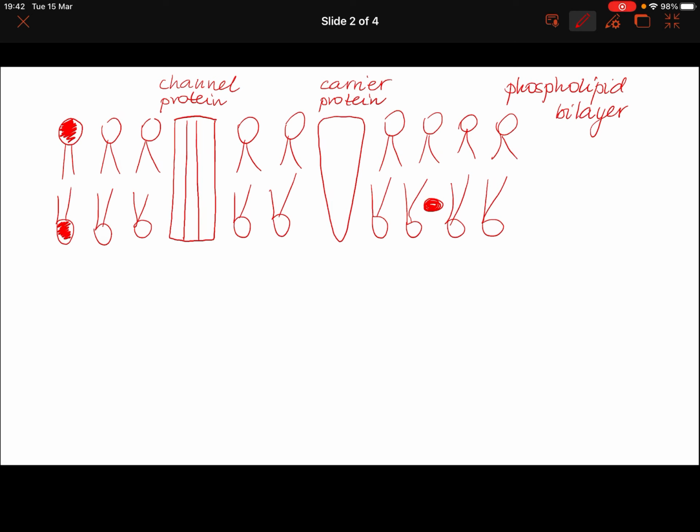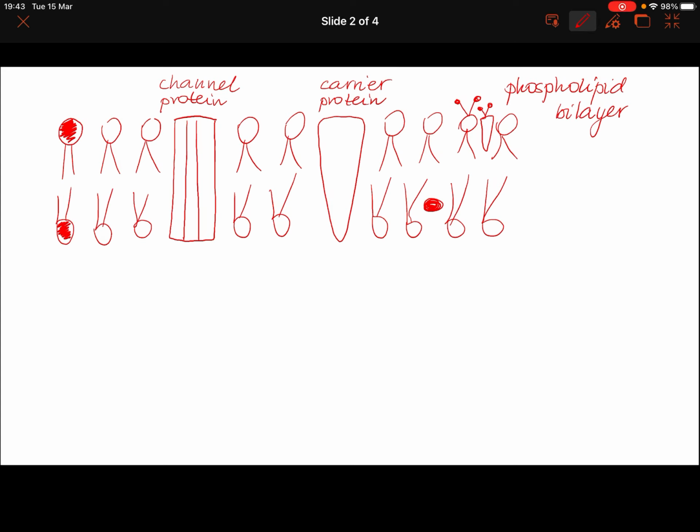We also have the glycolipids, which you can find attached to the phospholipids, and we have glycoproteins, which are on the surface of the proteins embedded within the membrane. Those glycolipids and glycoproteins have a function in cell recognition. You've done that topic with the structure of the cell membrane.